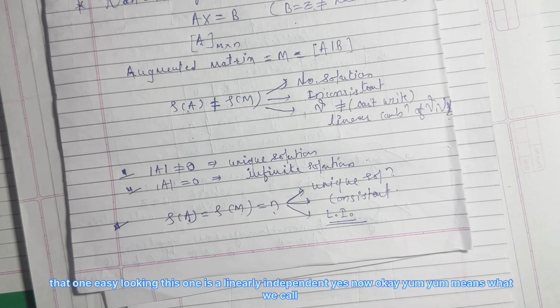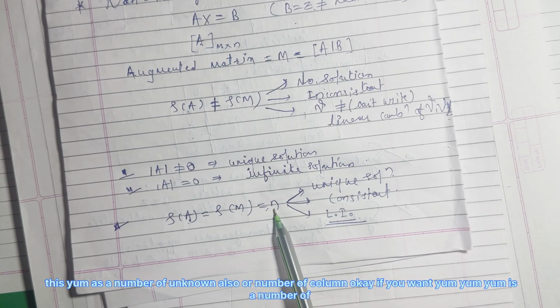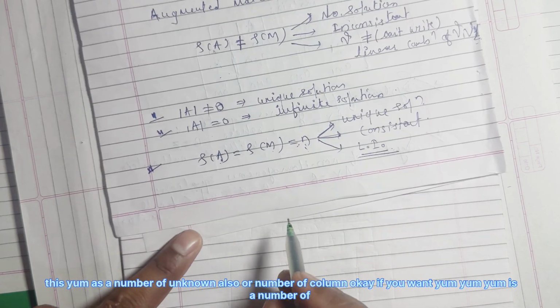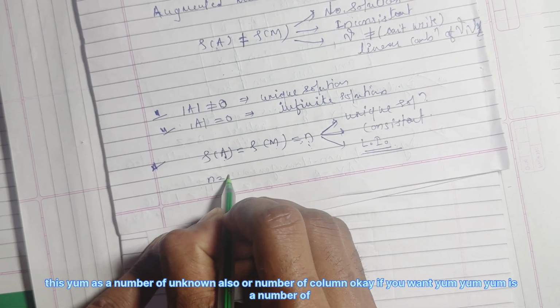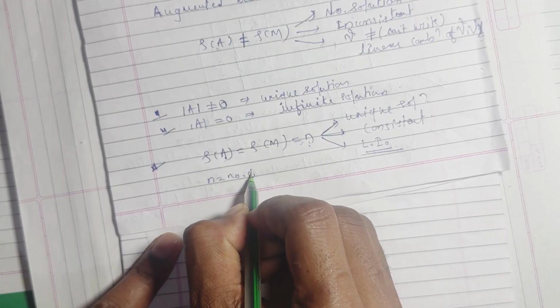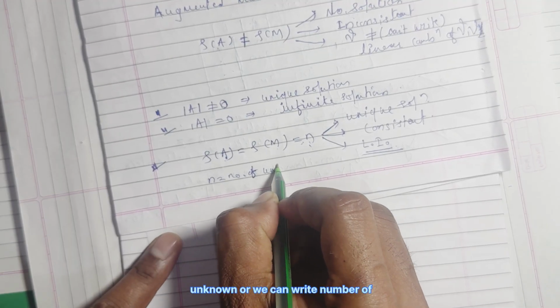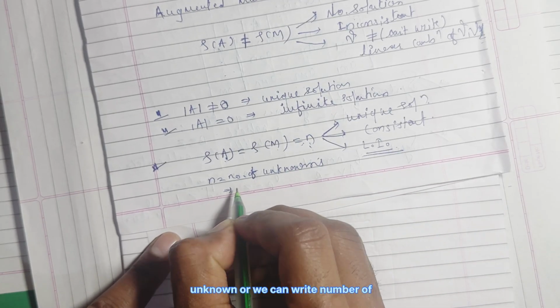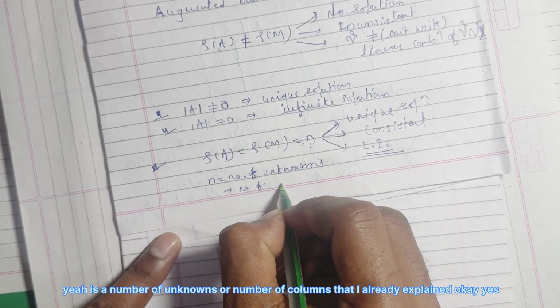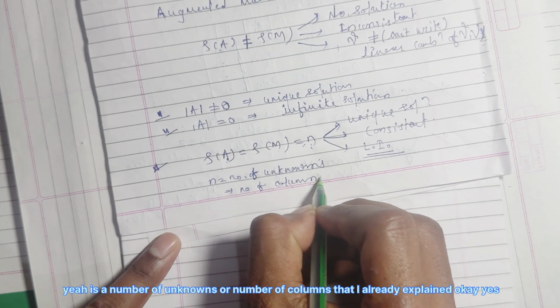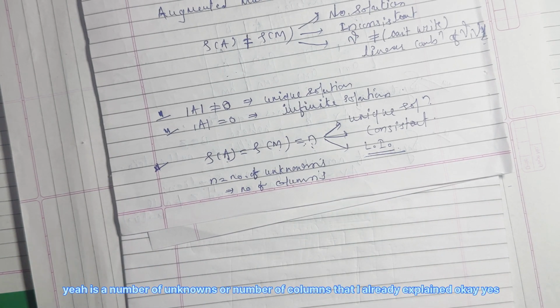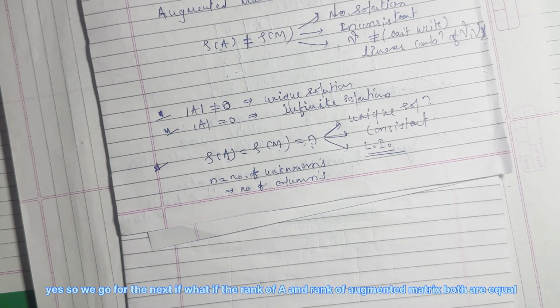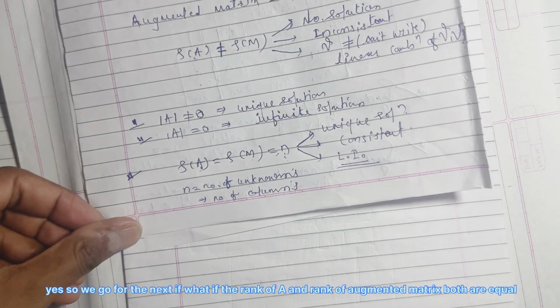Yes, now n we call the number of unknowns, or the number of columns. N is the number of unknowns or number of columns, that I already explained. So we go to the next.